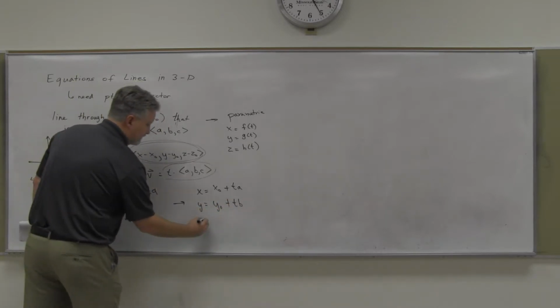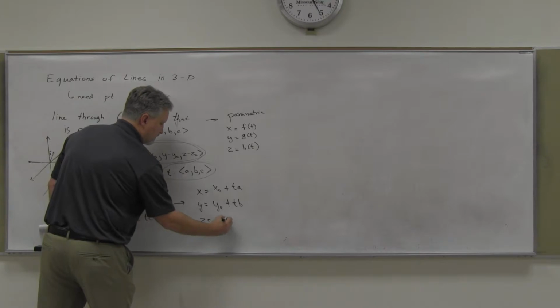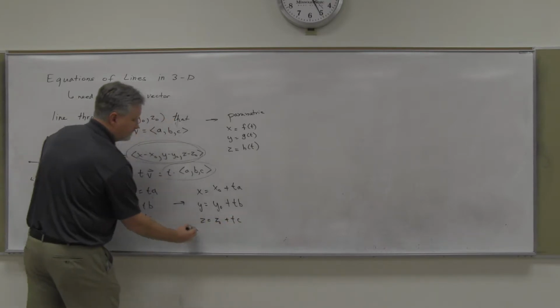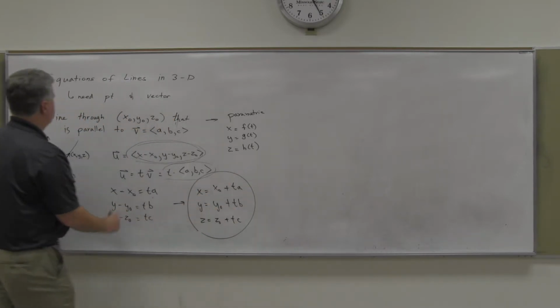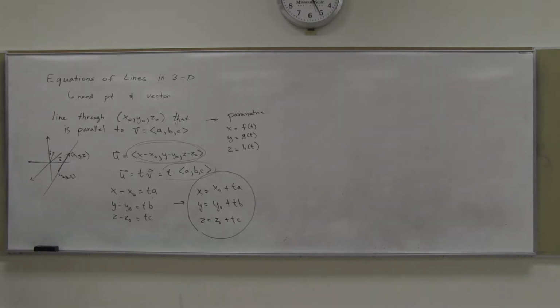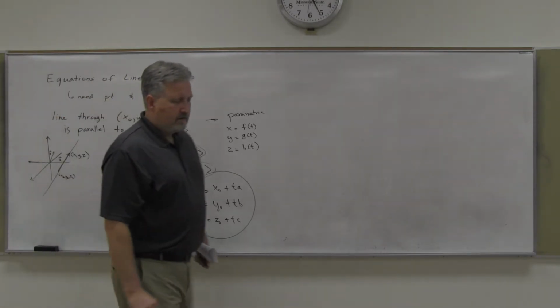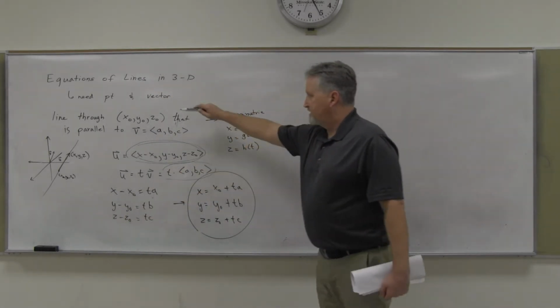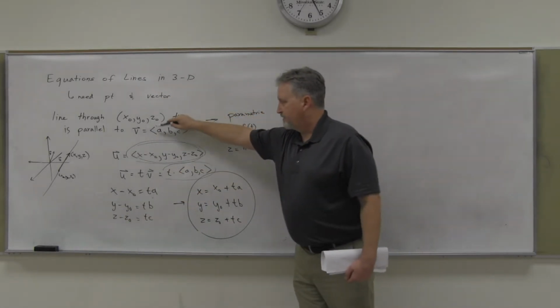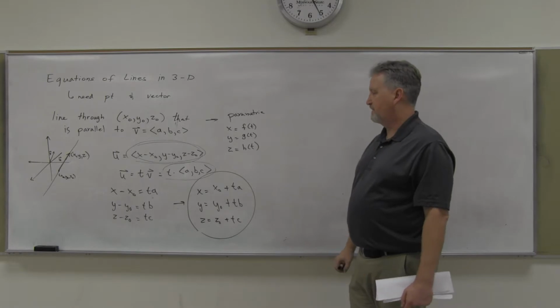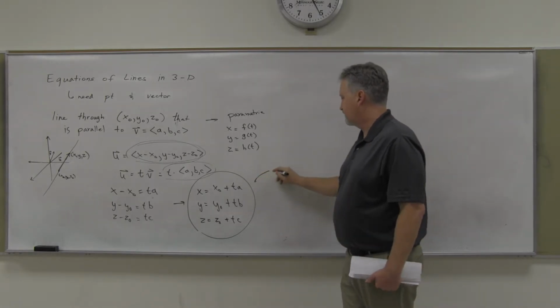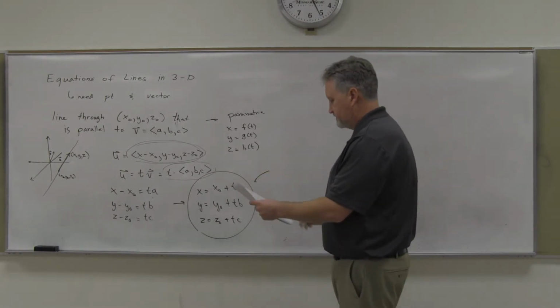Z equals z0 plus tC. So there's your line through x0, y0, z0, parallel to that vector. So that's the parametric equation of the line.